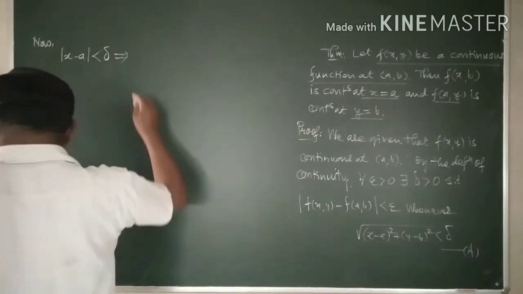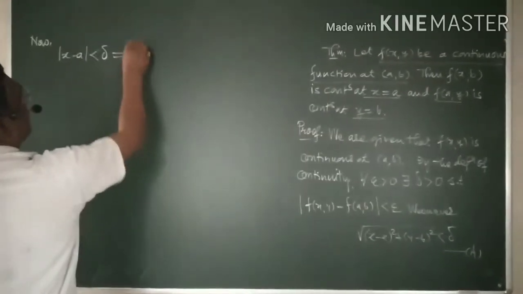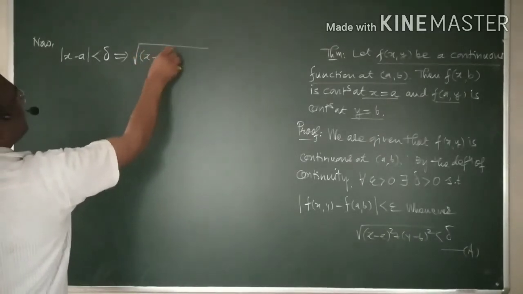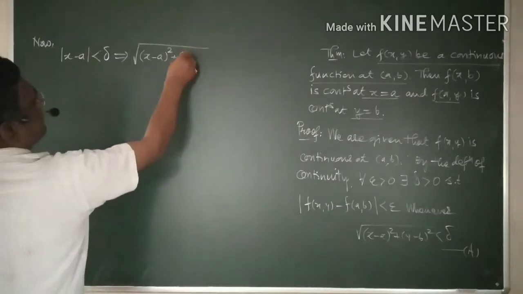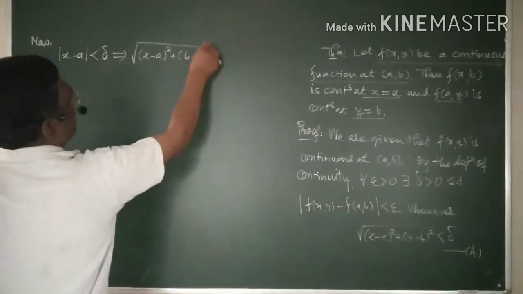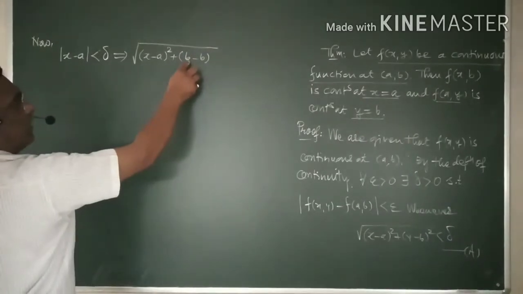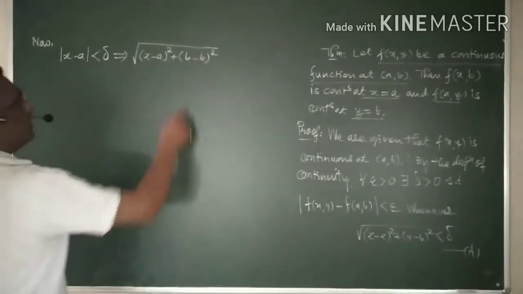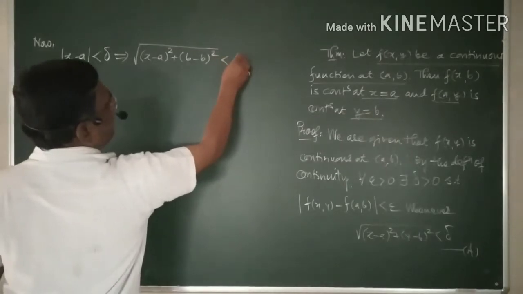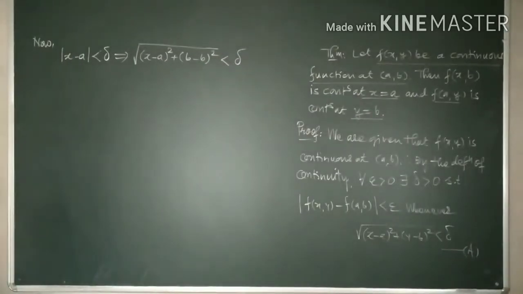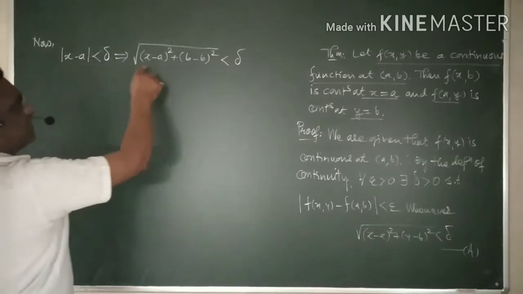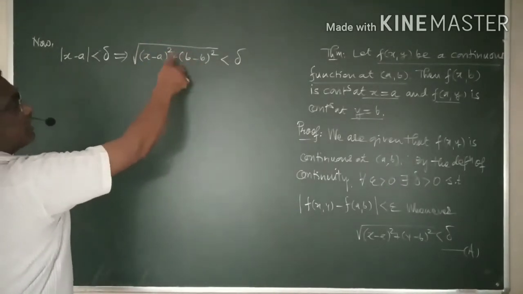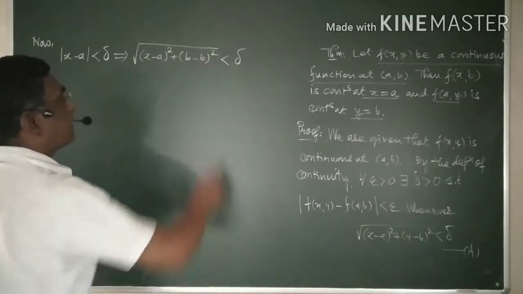This implies that root of (x minus a) square plus (b minus b) square, with b instead of y, is less than delta. The meaning of this is root of (x minus a) square plus (b minus b) square is less than delta.